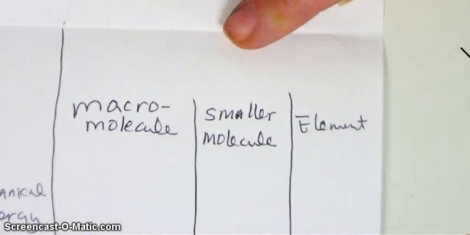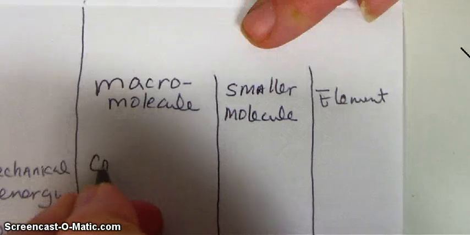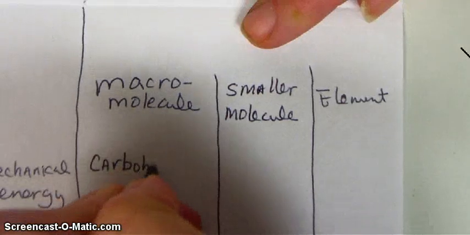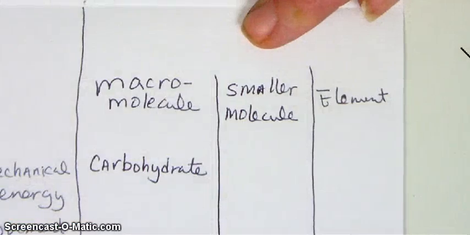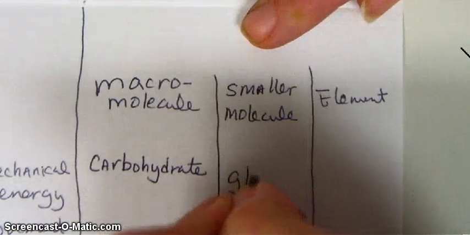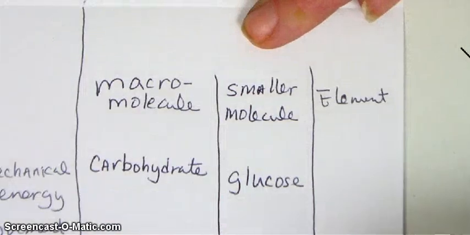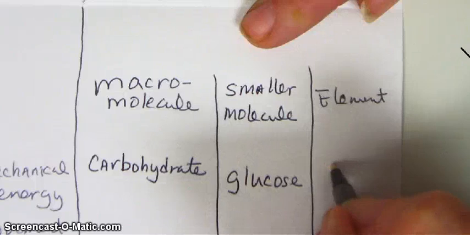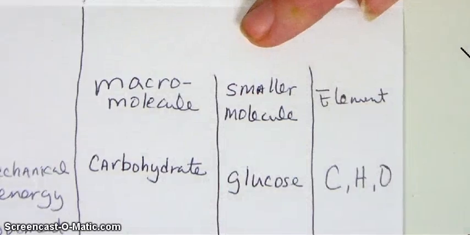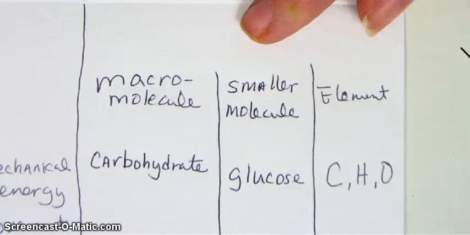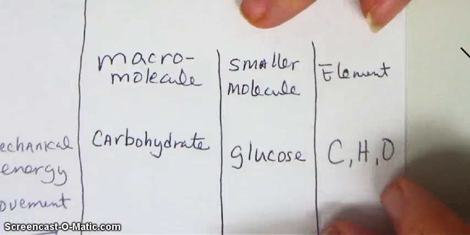The macromolecule we're going to talk about is a carbohydrate. A carbohydrate is made of glucose. The building block of the carbohydrate is glucose. And the elements are carbon, hydrogen, oxygen. Remember when we did CHO? CHO is the carbohydrate: carbon, hydrogen, oxygen.